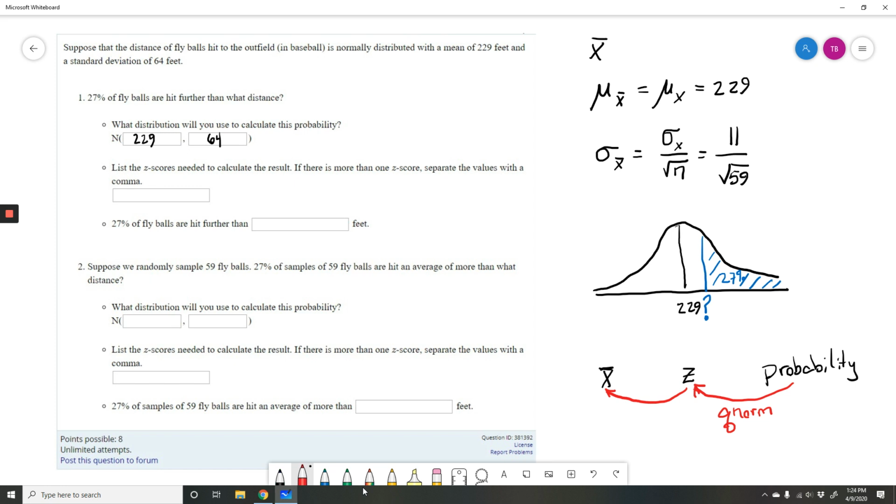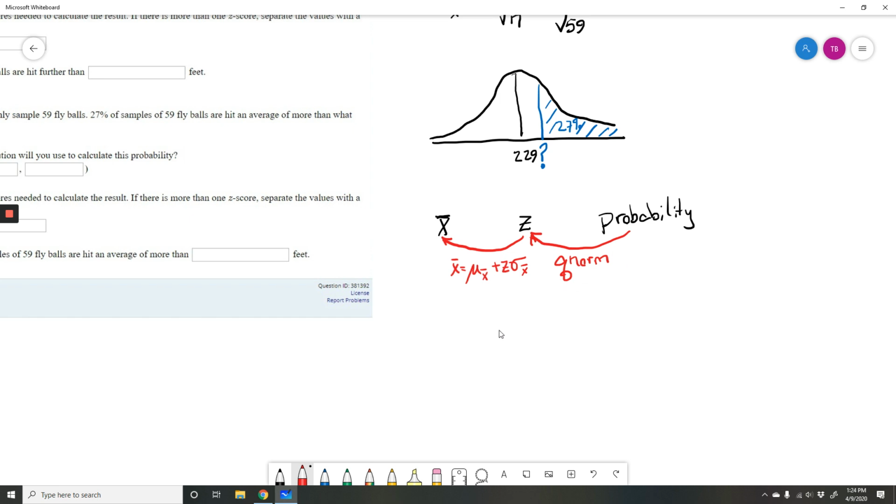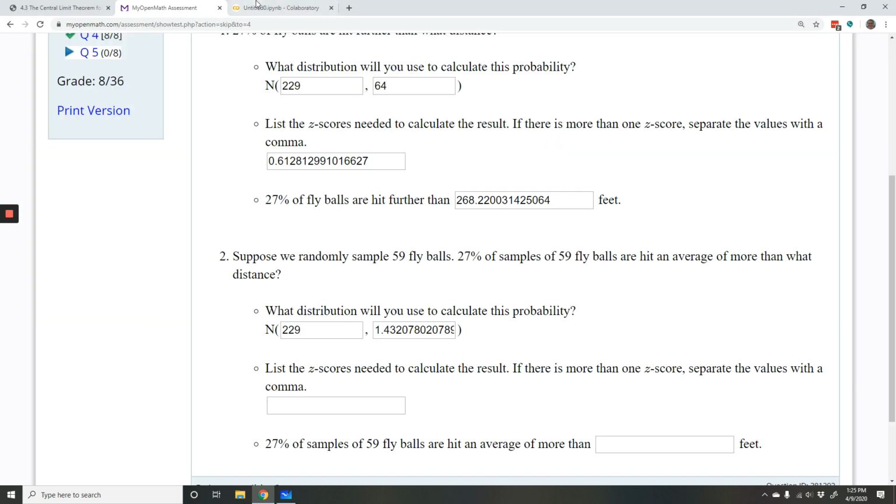Okay, and we're going to do that with x equals... so the value x bar equals the distribution mean plus z times the distribution standard deviation. Okay? So let's first find that Q norm.